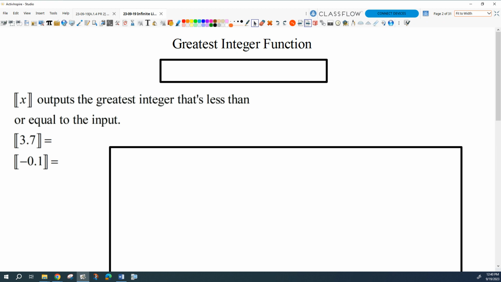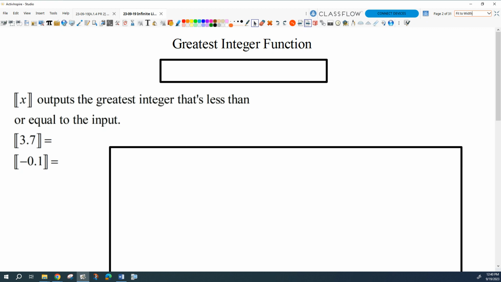Okay, so let's introduce this new function, the greatest integer function. This is typically the symbol we use for it, although there are other symbols that apply also. The greatest integer function outputs the greatest integer that's less than or equal to the input.